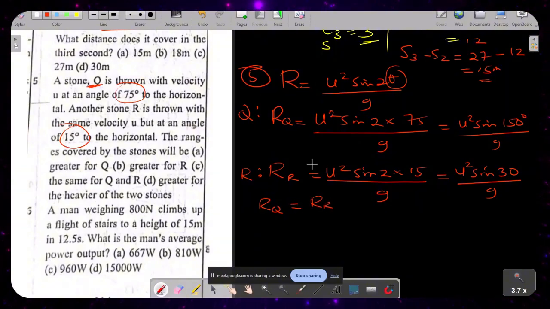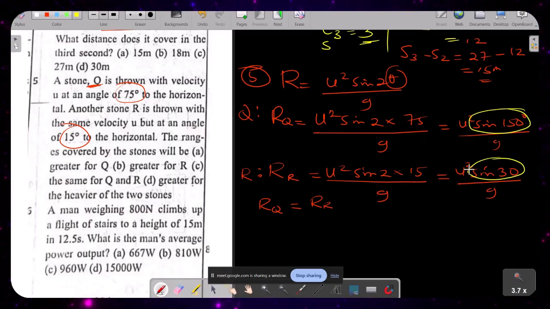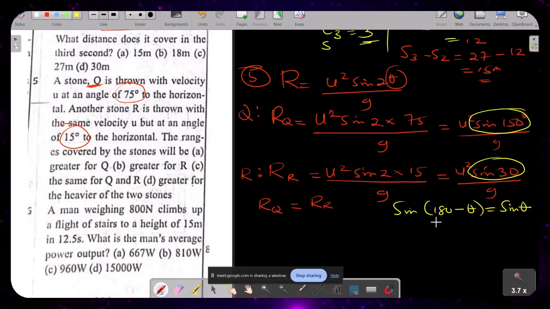Now, why did I say so? Very simple. If you look at this calculation, did you know that sine 150 and sine 30 are the same thing? How did I know? Remember that sine of 180 minus theta, according to trigonometry, is sine theta. So let's confirm.